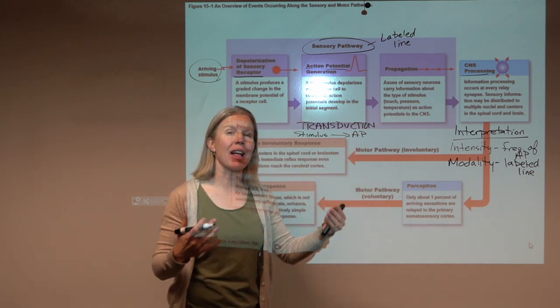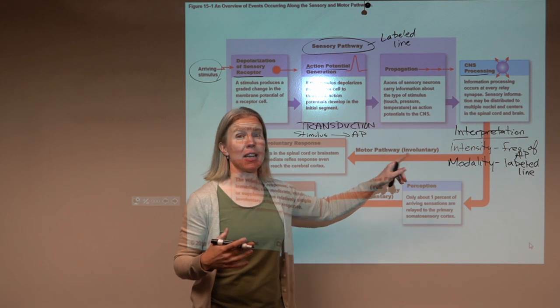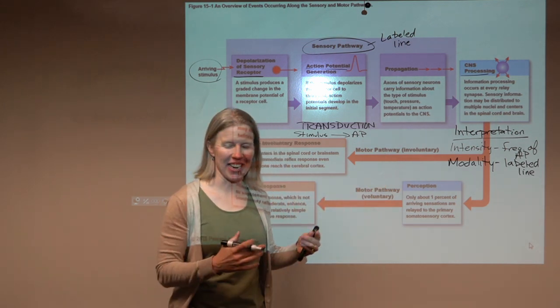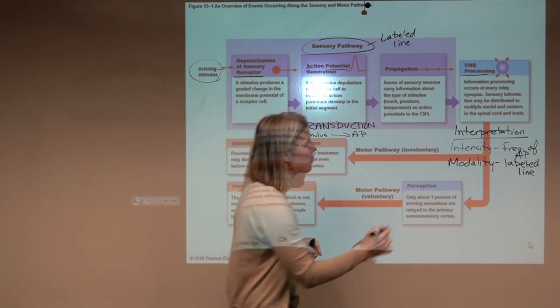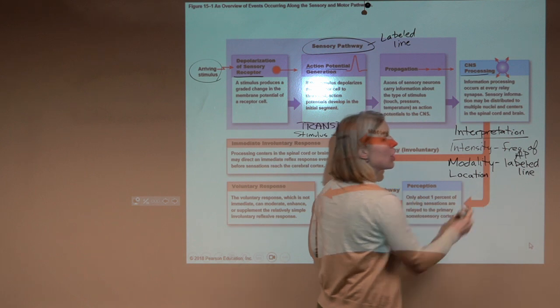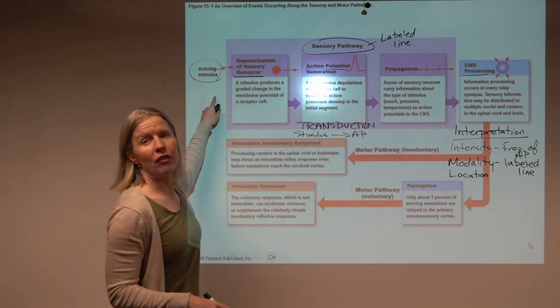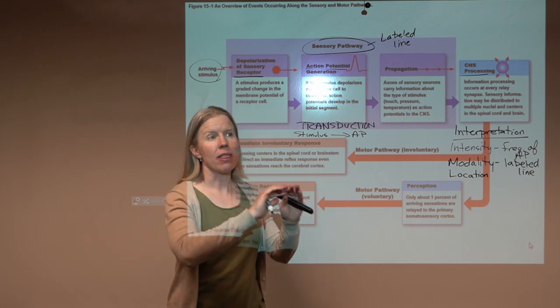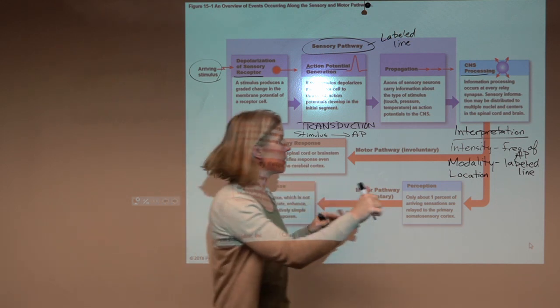Even if you don't have that limb, you still might be getting information to the brain that says, hey, this hurts, right, in a particular area. Speaking of which, location, how the brain determines the location of that stimulus is basically where on the cortex that sensory information lands.